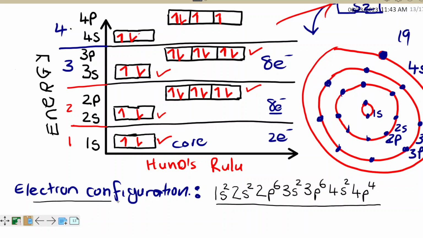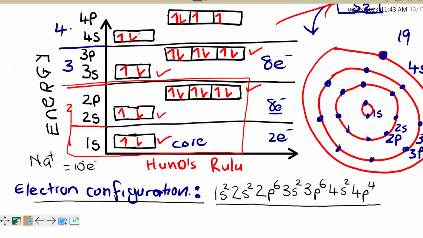We call that electron configuration. If we were to write it for our ion, which was the sodium ion, which has 10 electrons, remember, it would be 2, 4, 6, 8, 10. It would end here in the Aufbau diagram.